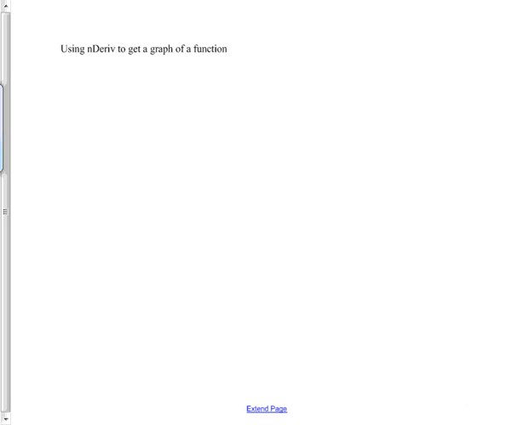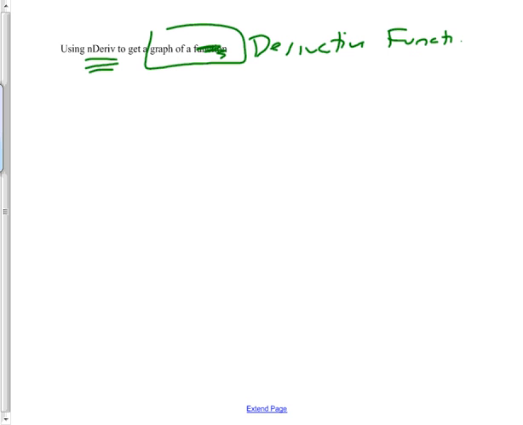Okay, so the last big new idea that we're going to be talking about today is using that function nDeriv to get a graph not just of a function, but of the derivative function. Working with the function we've been talking about today, f of x equals x squared, we've got something that looks like this.